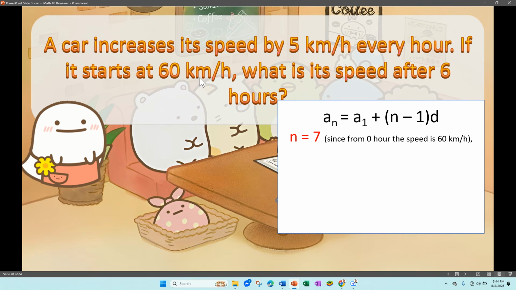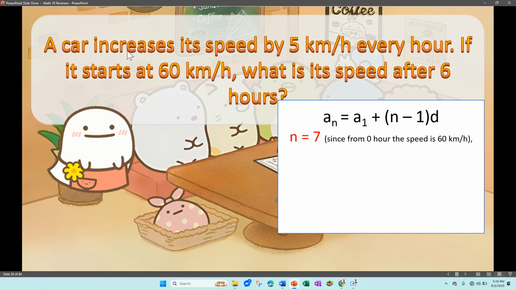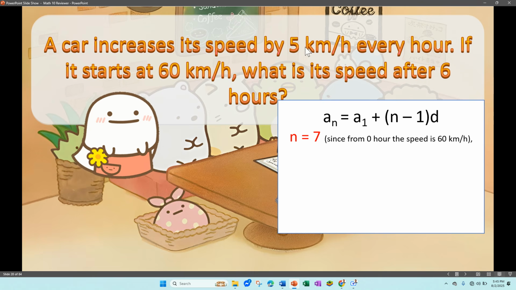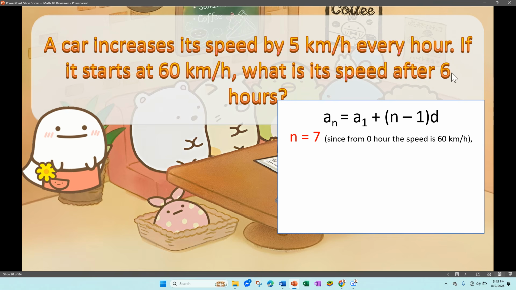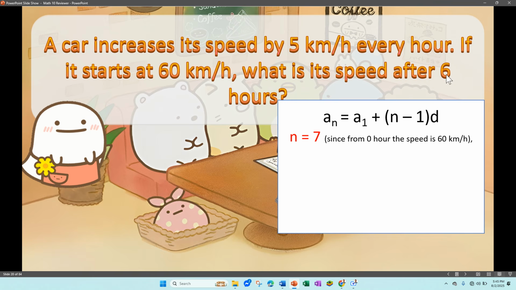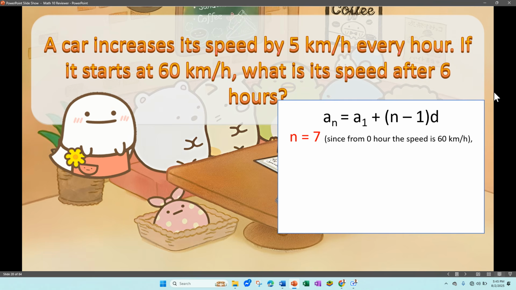So ito yung original, di ba? So pagkatapos ng isang oras, magdadagdag tayo ng 5 because the car increases its speed by 5 kilometers per hour every hour. So end po natin is 7 and not 6 hours. Okay, 7 kasi idadagdag natin yung original speed ng car.